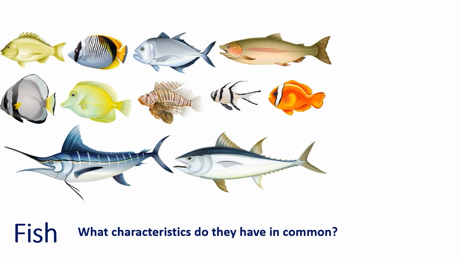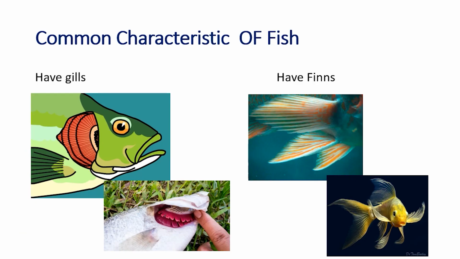Now, how about fish? What characteristics do they have in common? There are many kinds of fish in this world, but we can categorize them into those who live in the ocean and those who live in fresh water. How about their common characteristics? Is it the same for the fish that live in the ocean and live in fresh water? Yes, they are the same. The first one, all fish have gills.